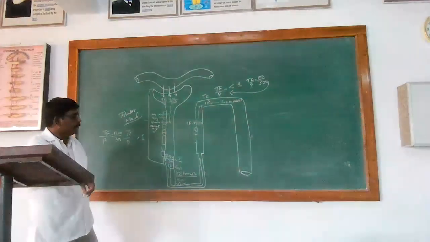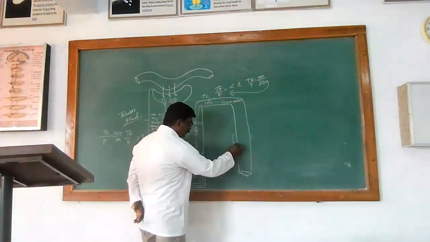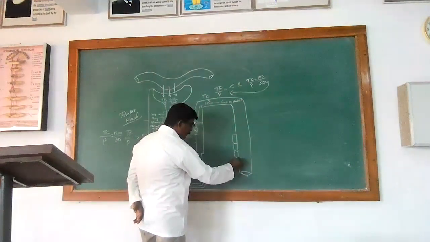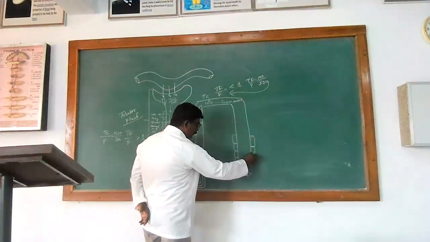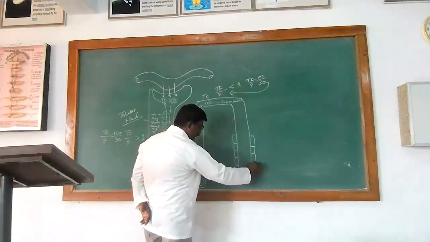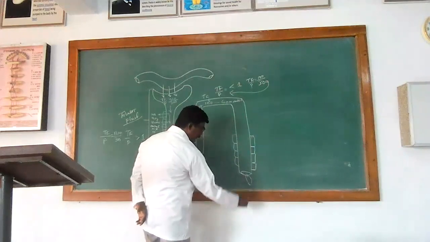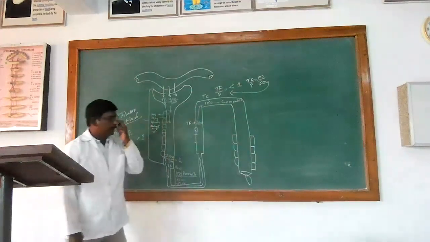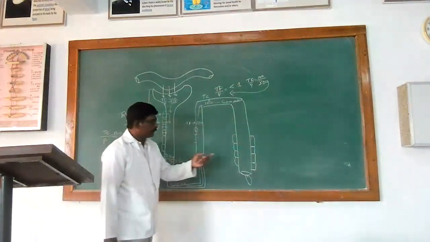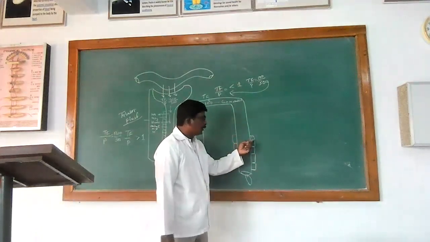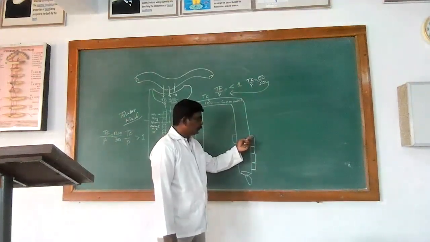There are some specialized cells present in the last part of the nephron, known as the papillary region. Here there are some receptors present on the basolateral membrane.